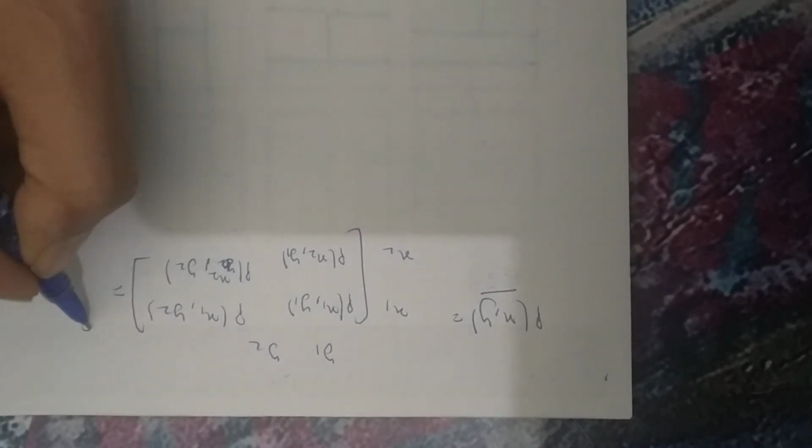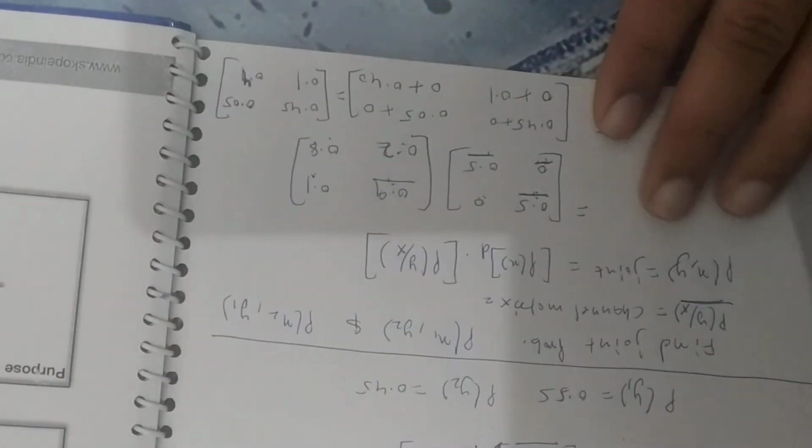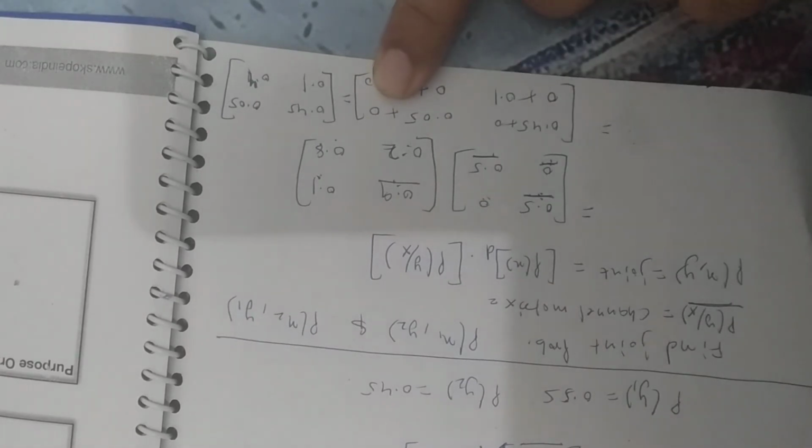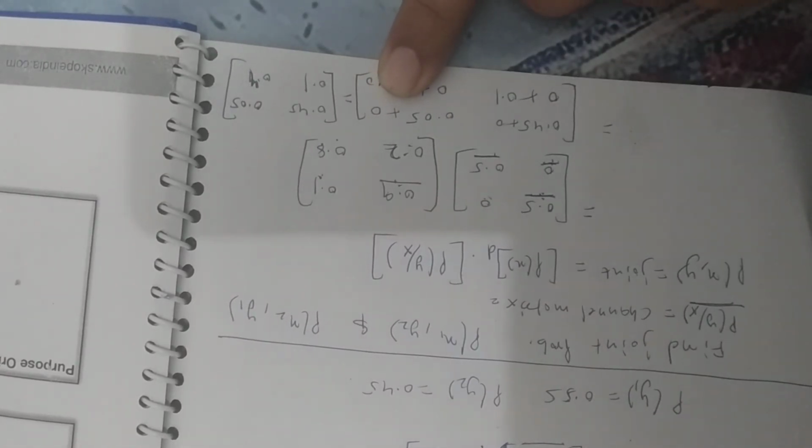And we have been able to find its values after doing the matrix multiplication in the last step. So it shows 0.45, 0.05, 0.1 and 0.4.